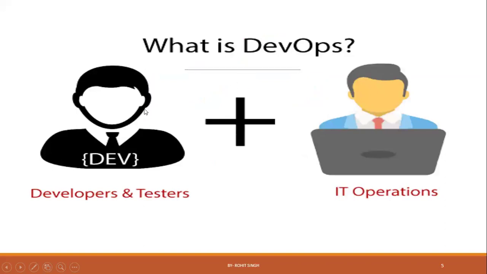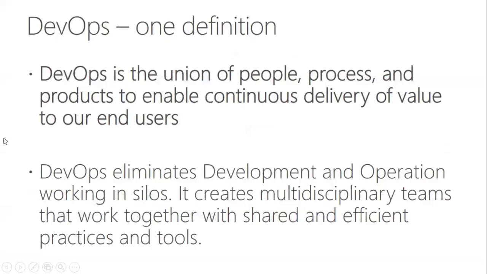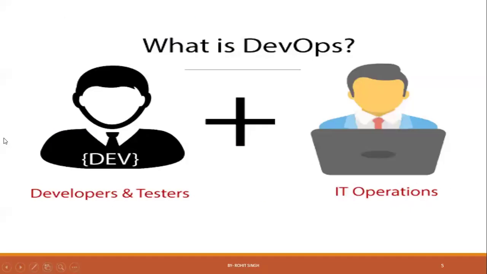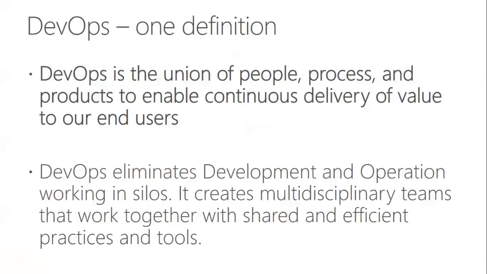Basically in SDLC, it is developer plus tester, and here it is IT operations. So DevOps is a combination of developer, tester and IT operations. DevOps is a union of people, process, and products to enable continuous delivery of value to our end users.